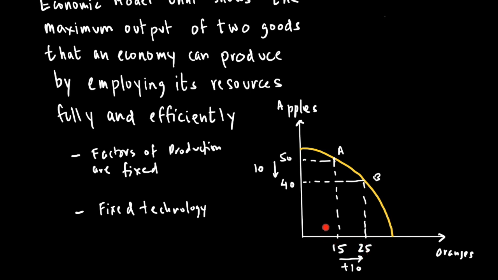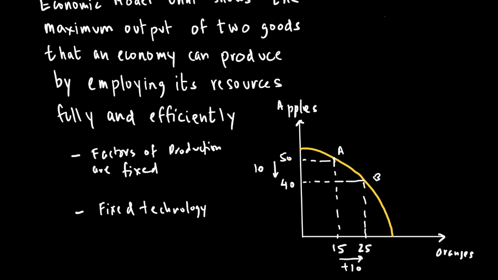So clearly what we call opportunity cost is happening, because when you lose some of one good, you get another good in return, only because both these combinations assume resources are fully and efficiently employed.